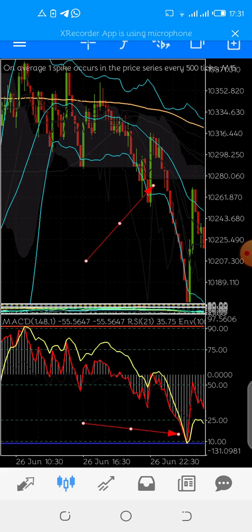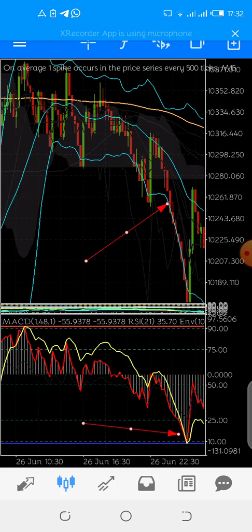It covered almost 6 15-minute candles. So 15 times 6, that is about 1.5 hours, almost 120 candles of 1 minute each, between 90 to 120.